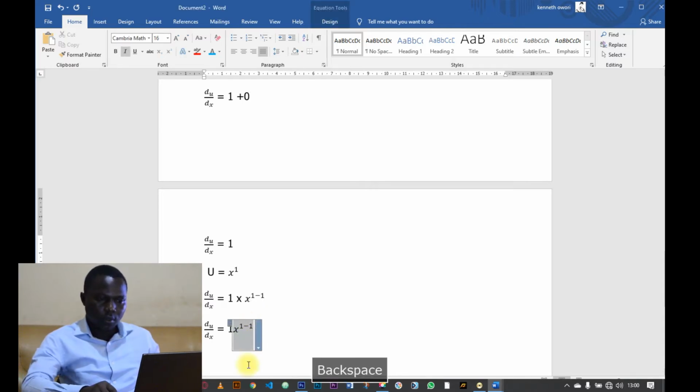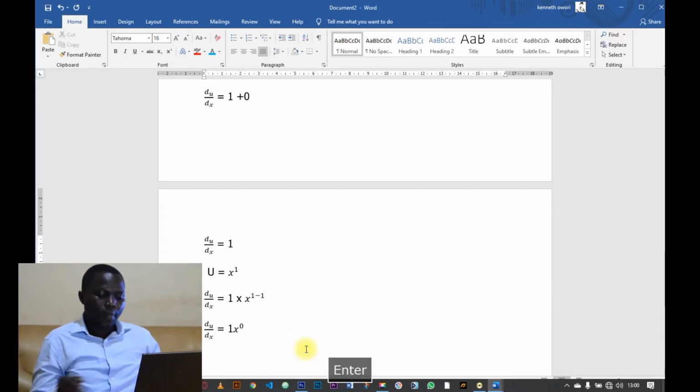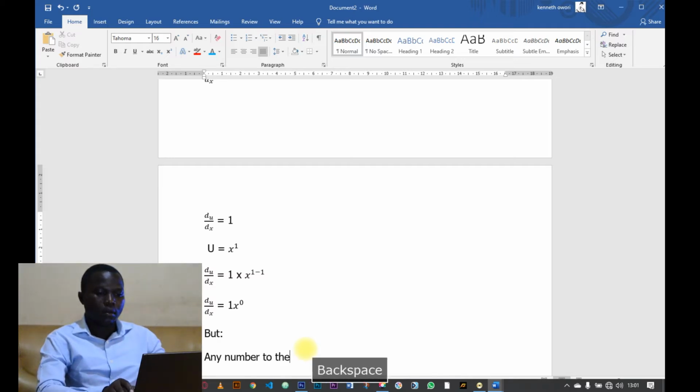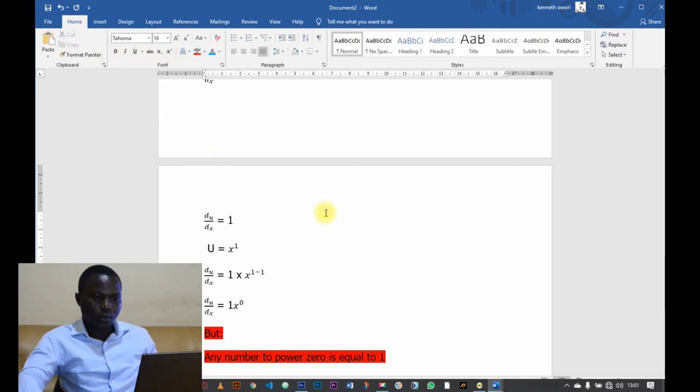Minus 1 results to 0. But any number to the power 0 is equal to 1. So this is the principle we're applying. Any number to power 0 is always equal to 1.